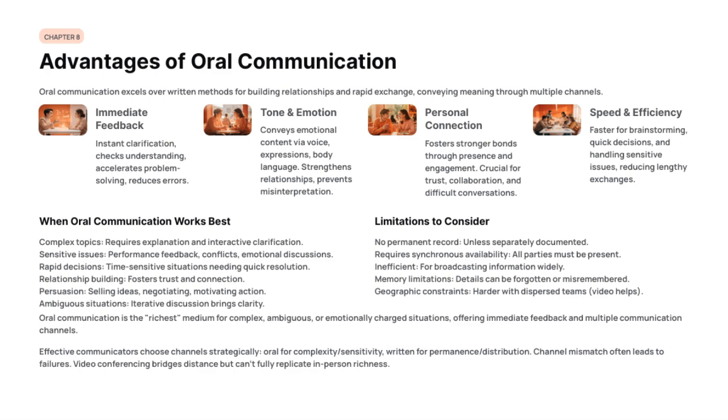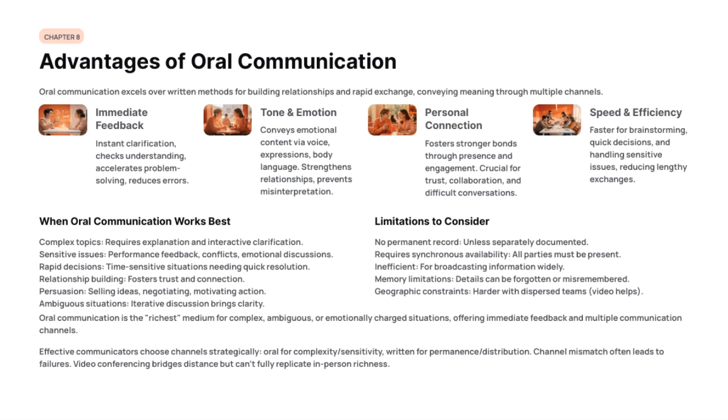When you're speaking directly, you can convey emotional content through voice, expressions, and body language, which helps strengthen relationships and prevent misinterpretation. Tone and emotion are more easily communicated orally, enabling instant clarification and understanding. This accelerates problem-solving and reduces errors.